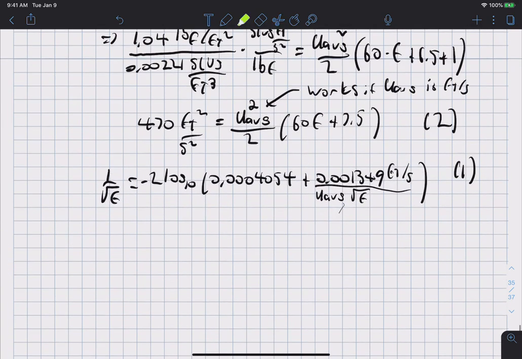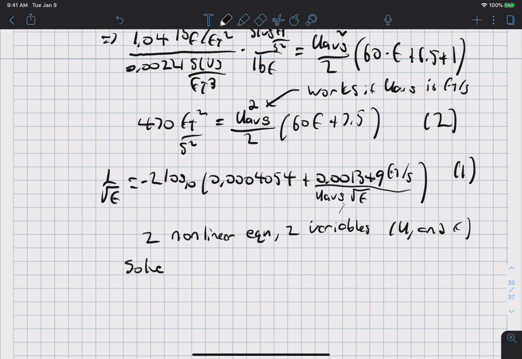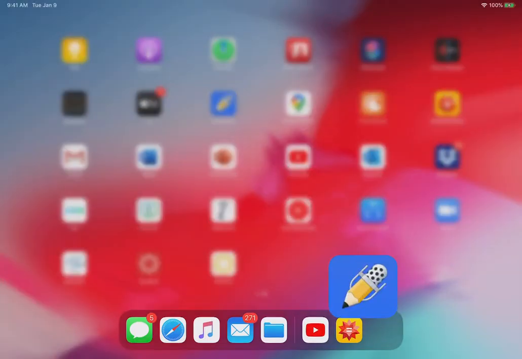Okay, so we have 2 nonlinear equations and 2 variables, u and f. Okay, and so now we solve with Wolfram Alpha. And so I'm going to do that again, show you how to do that.